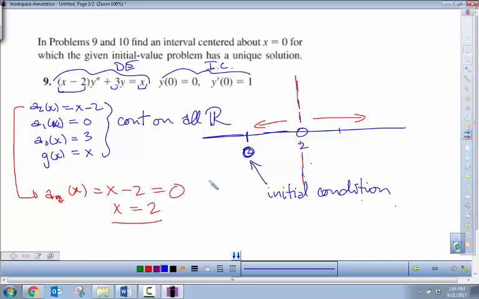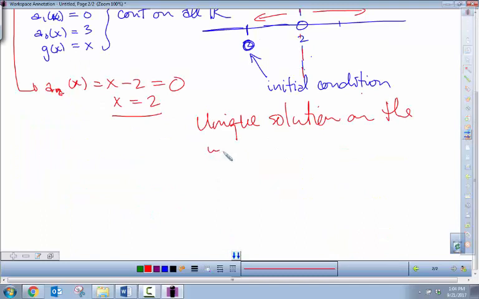So you want to take the interval up to and not including the break point, which is at 2. So unique solution on the interval from minus infinity all the way up to 2.